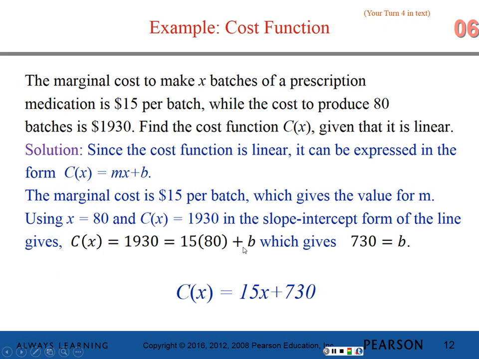What we don't know is the fixed cost. But when you solve that equation for B, then that gives us that B is $730. So your cost function then is C of X equals 15X plus $730 for producing X batches of the medication.